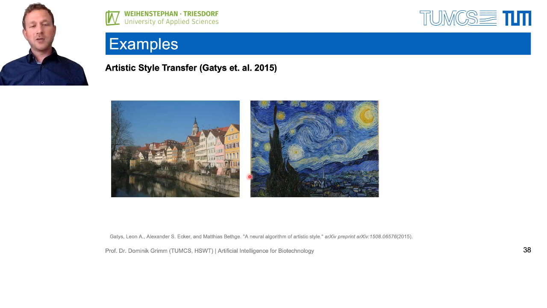So what you can see here on the left is an image from the city of Tübingen, and here you can see an image from Van Gogh. And they trained an agent, or a neural network, that analyzes and tries to learn the style, the painting style of Van Gogh, and then they applied it to the image of Tübingen.